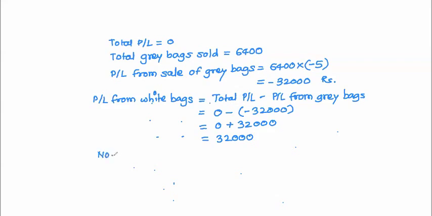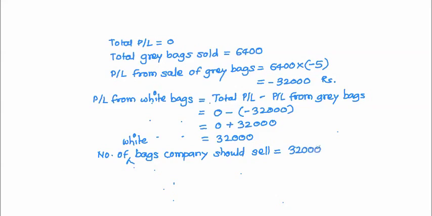So number of white bags company should sell is equal to the total profit and loss they expect from white bags, divided by per bag profit, which is 8 rupees.